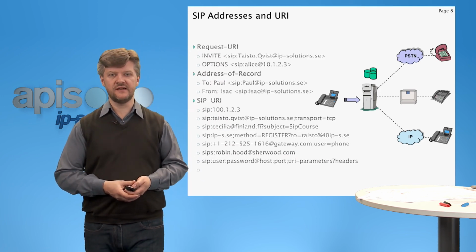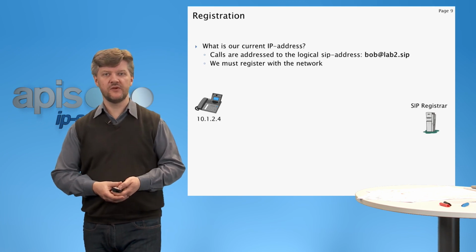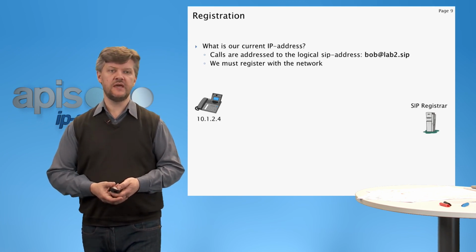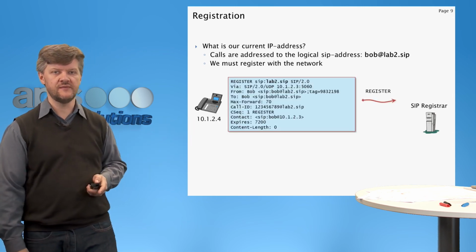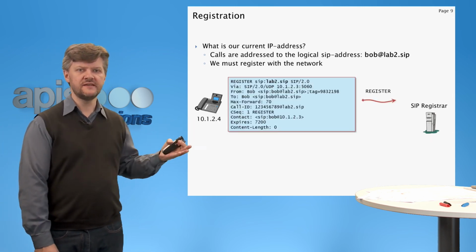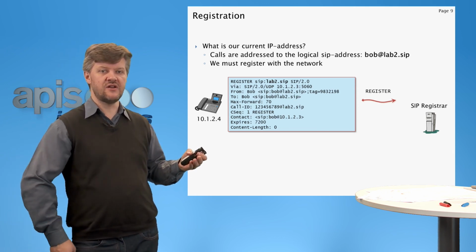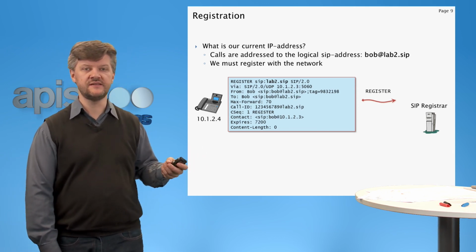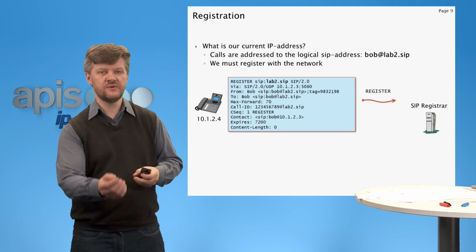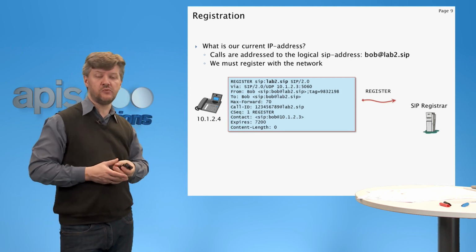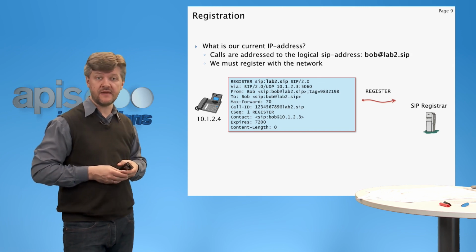If we want to see the use of this, we can look at registration. Here we have the registration of someone at this address to the SIP registrar over there. This is the registration of Bob. You can see how this is from bob at lab2.zip. First of all, we see our first SIP message now.